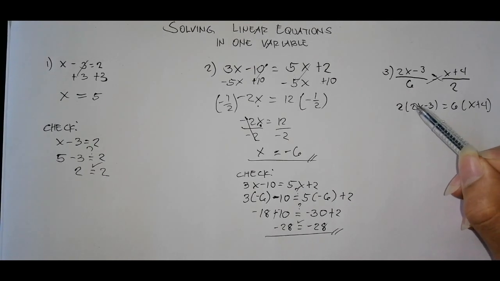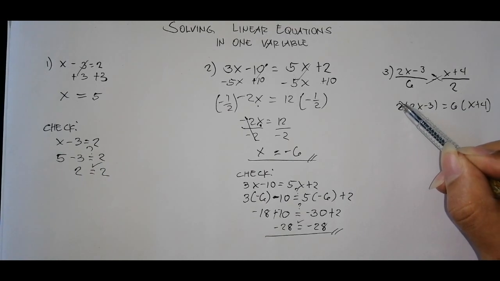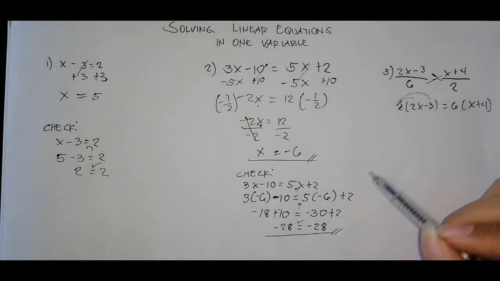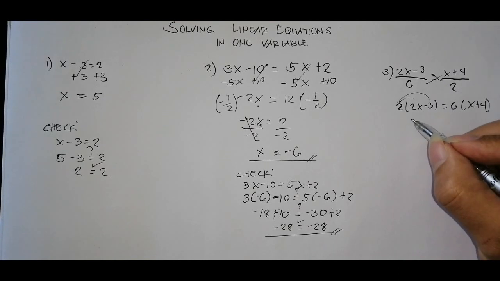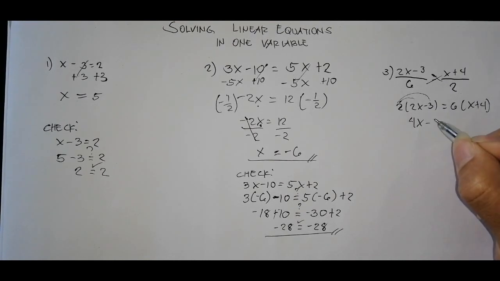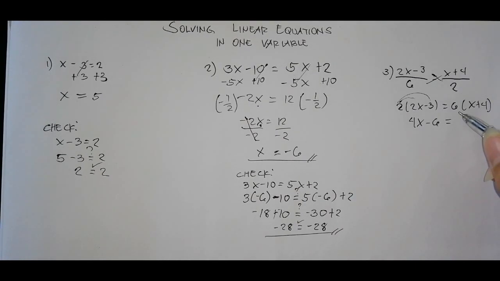In this case, I'm going to distribute 2 on each term. So we have here 2 times 2x, that would be 4x, and then 2 times negative 3, that would be negative 6. Okay, equal to 6 times x, that would be 6x, and then 6 times 4, that would be positive 24.